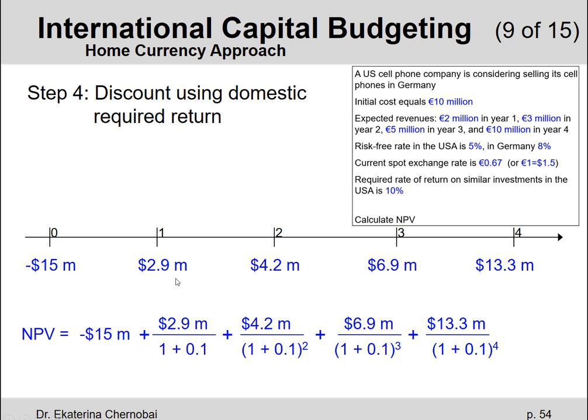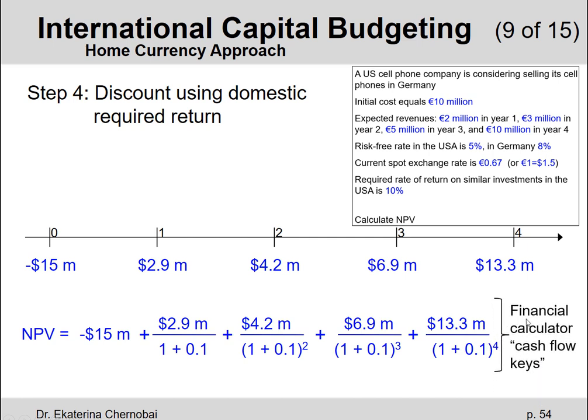So for example, from year 1 we add $2.9 million divided by 1 plus 0.1. From year 2 we have $4.2 million cash flow divided by 1 plus 0.1 squared. And then the third year's discounted dollar cash flow uses the third power in the denominator, and the last year's discounted cash flow uses the fourth power in the denominator.